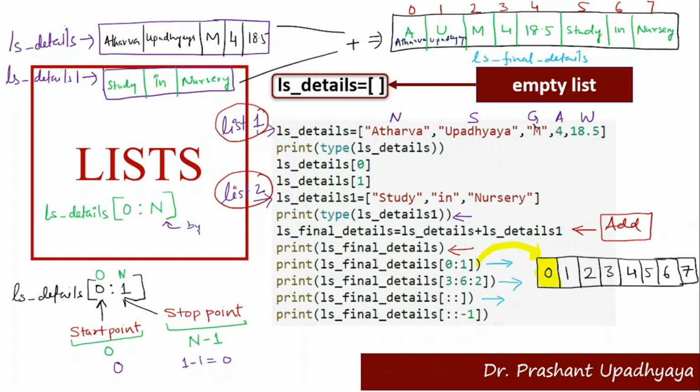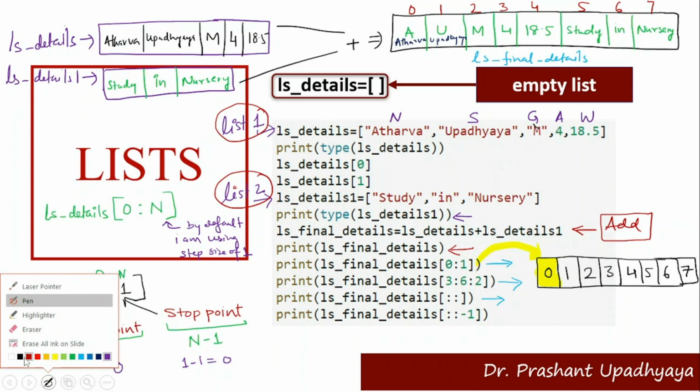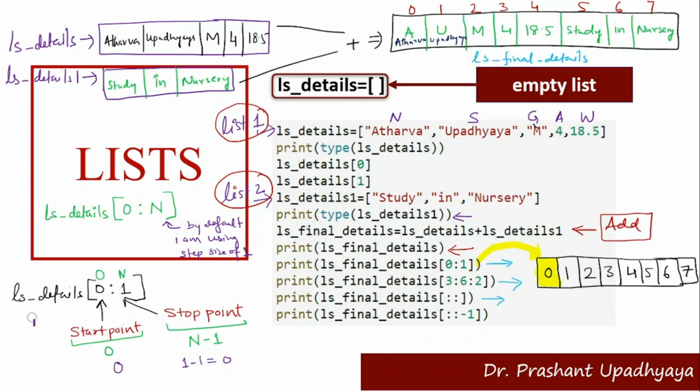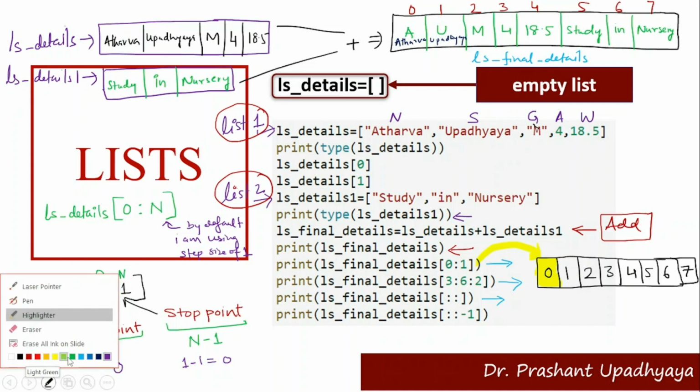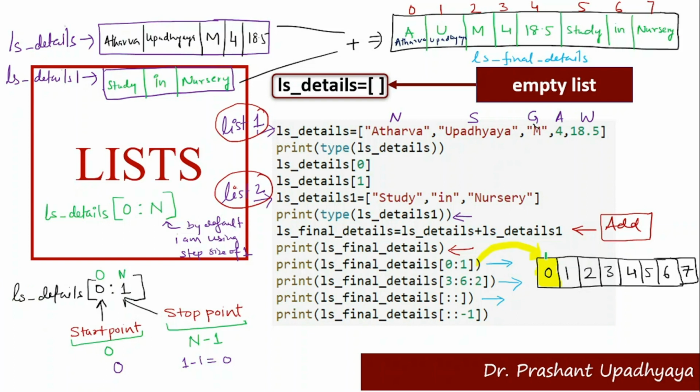A step size of 1 means my value will move like this: if it is on 0, it will move to 1, then 2, then 3, then 4, then 5, then 6, and then 7.